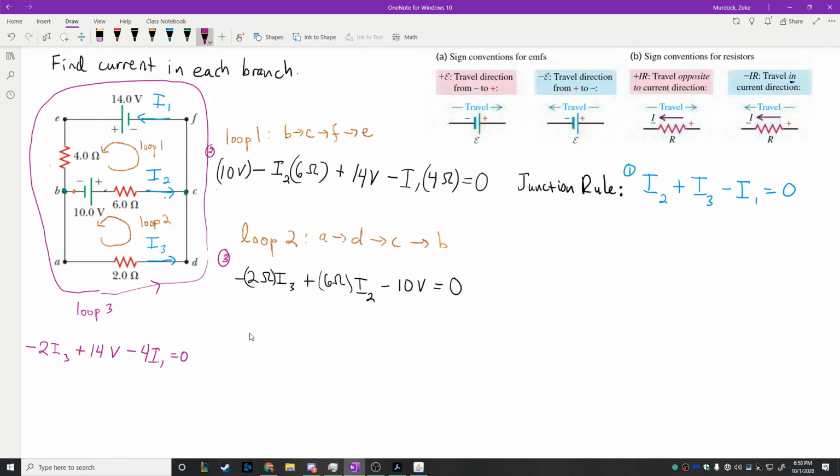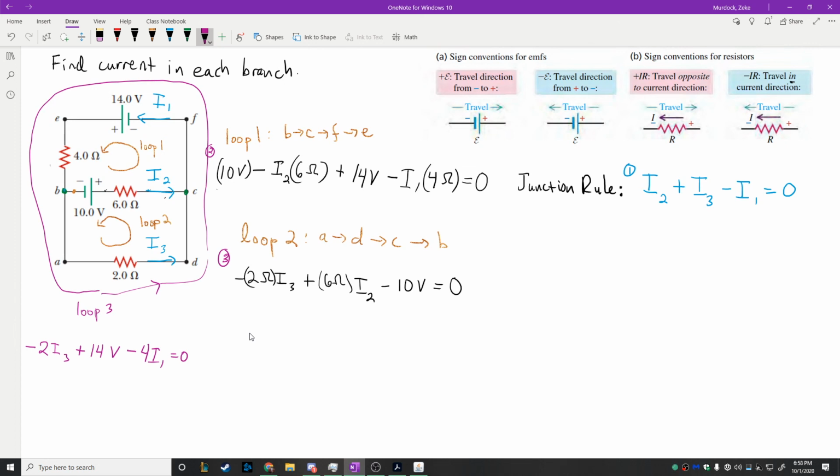Does anyone notice anything about loop 1, loop 2, and the equation for loop 3? I guess what I'm asking is, could we use these 3 equations? Yeah, we'll talk about matrices here in a second, Ash. That's not what I'm looking for here.